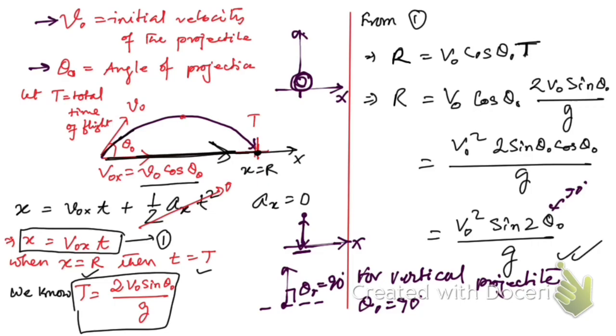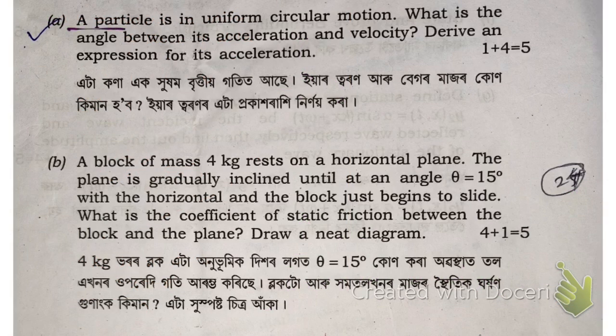So the displacement along the x-axis is 0. Therefore, if you put theta naught as 90, you get r is equal to v naught square sin 2 into 90, which is sin 180, which is 0, divided by g. So it is going to be equal to 0. Next question: a particle is in uniform circular motion.